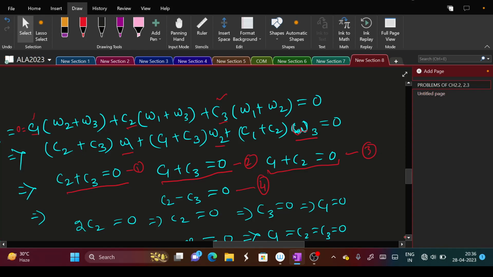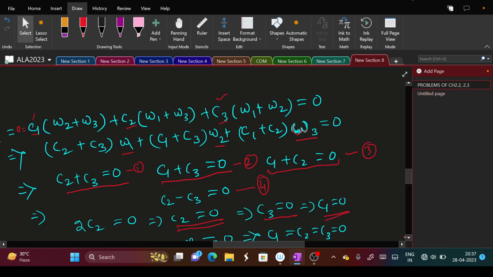Here C2 plus C3 is equal to 0. So from 1 and 4, 2C2 is equal to 0. This implies C2 is equal to 0. Once C2 is equal to 0, C3 is equal to 0 from equation 4, and then C1 is also 0 from equation 2.